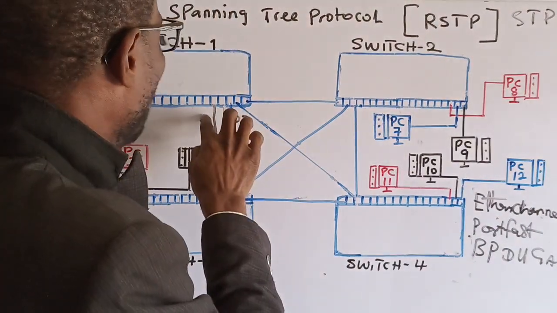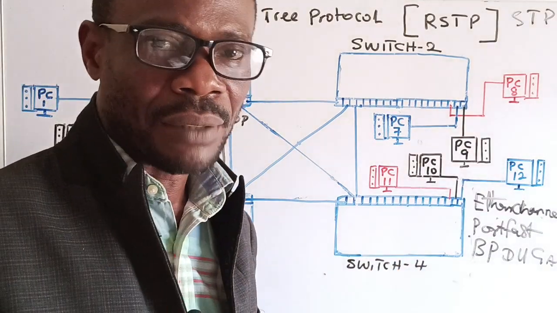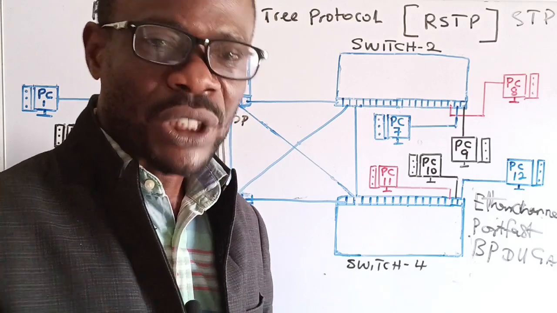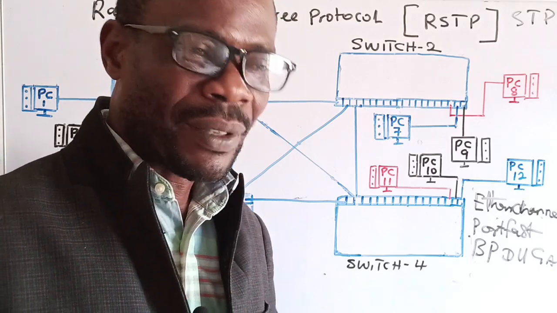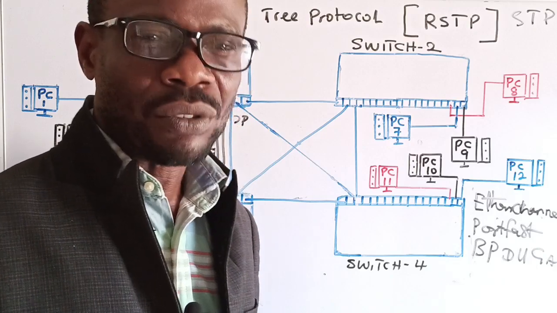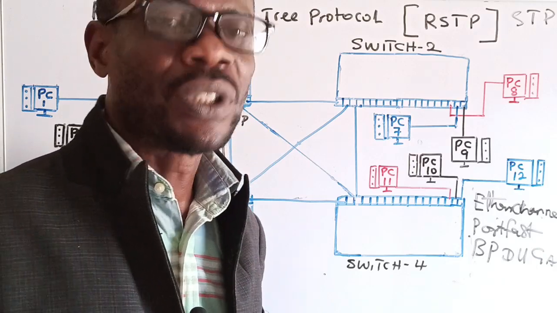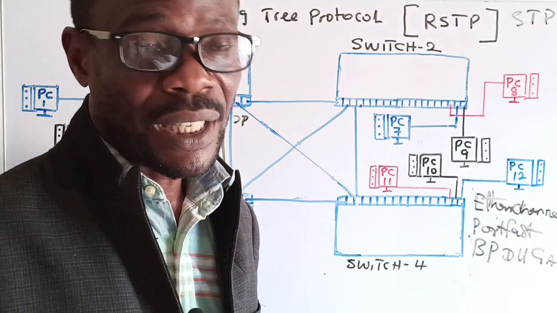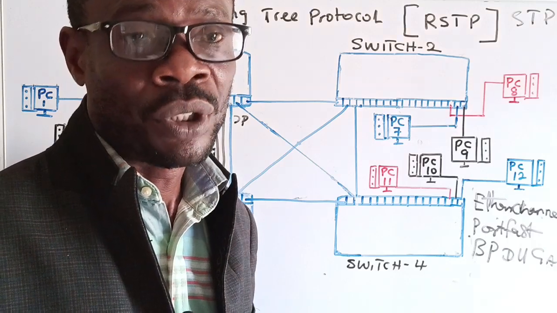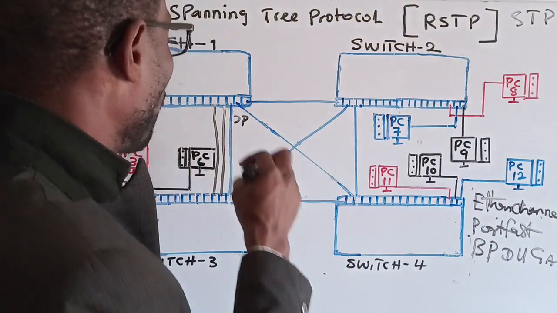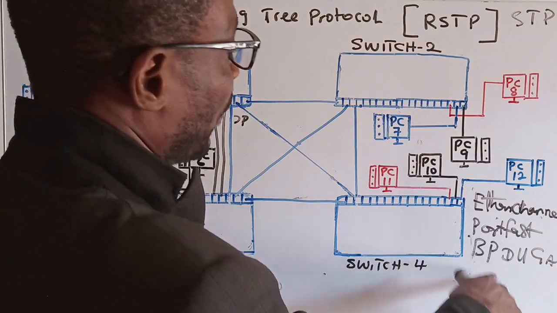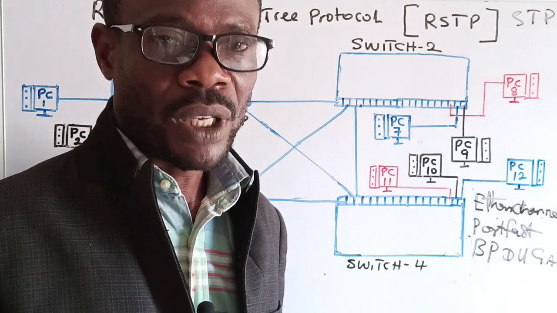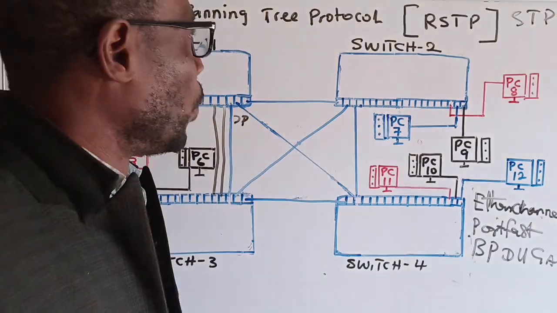It's only when the whole link fails that you have downtime, and that will cause the network to change topology, to re-elect and choose another root bridge. In the process, in STP it counts like 50 seconds. In rapid spanning tree, RSTP, it counts like 6 seconds. But when you configure EtherChannel and PortFast, the network converges immediately.